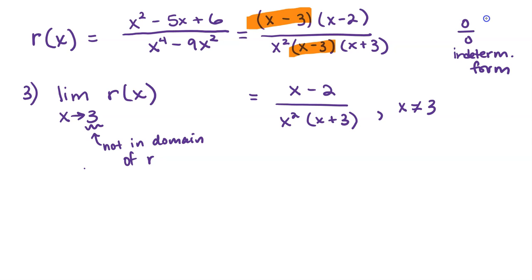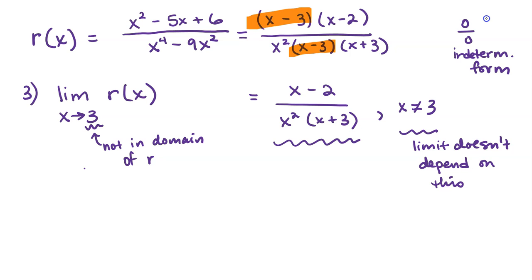But when we take a limit, it doesn't depend on the value of the function at the value we're approaching. It only depends on the values near that value we're approaching. So we can take the limit of this function as x approaches 3, and it will be equal to the limit of r of x as x approaches 3.